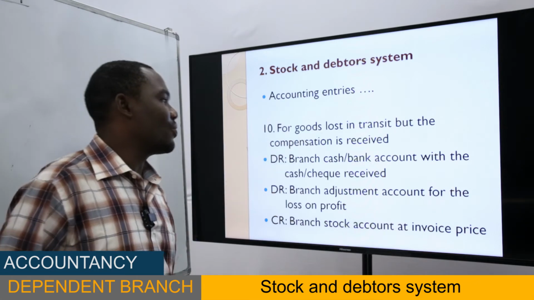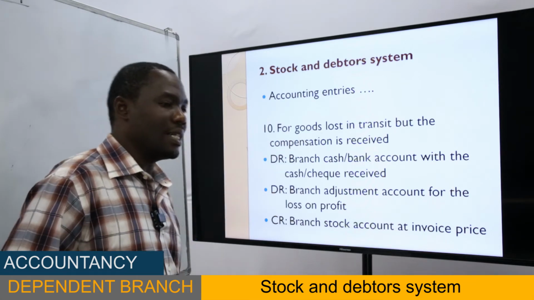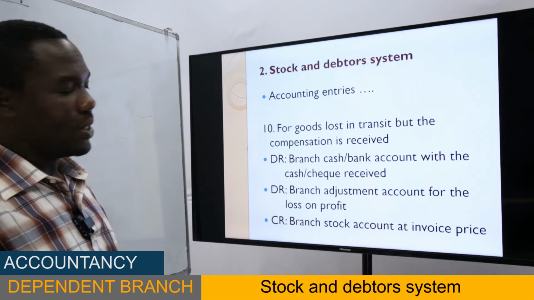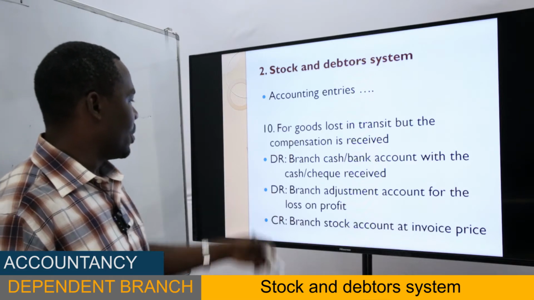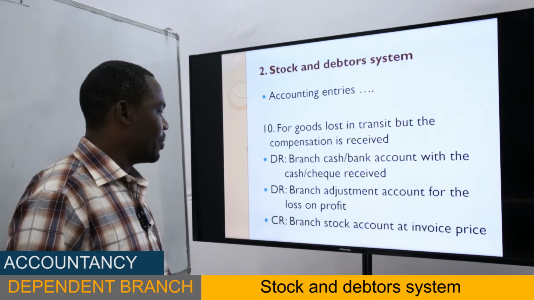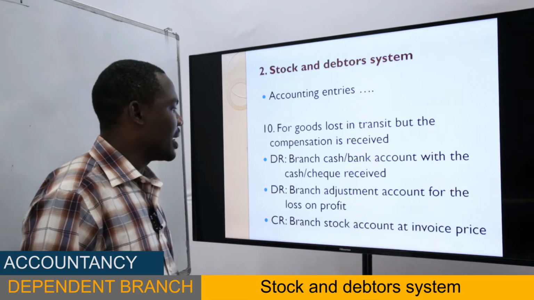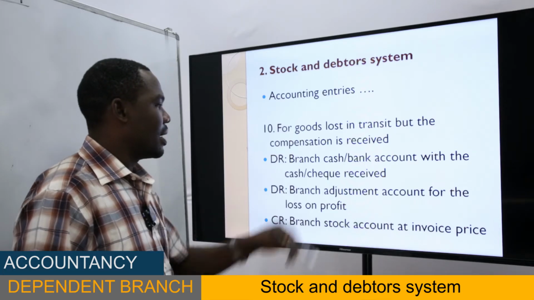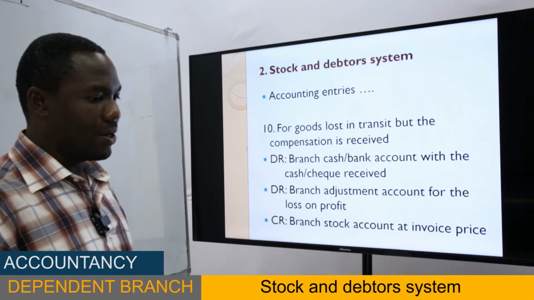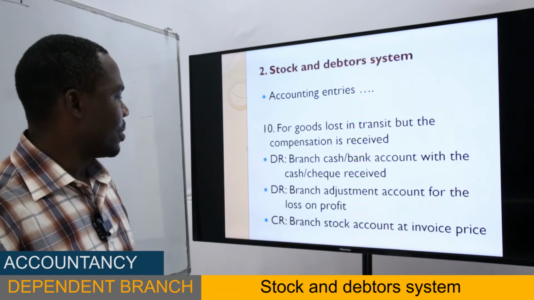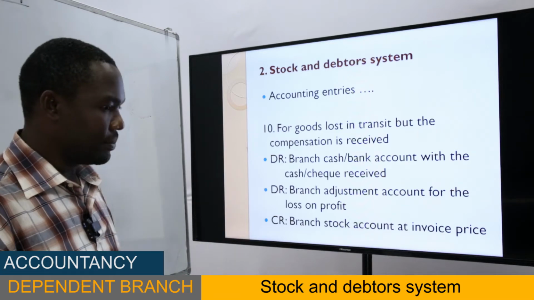For goods lost in transit where compensation is received, if it was insured, then if there is compensation, we debit the branch cash or bank account with the cash received, or if it is a cheque, with the amount received.